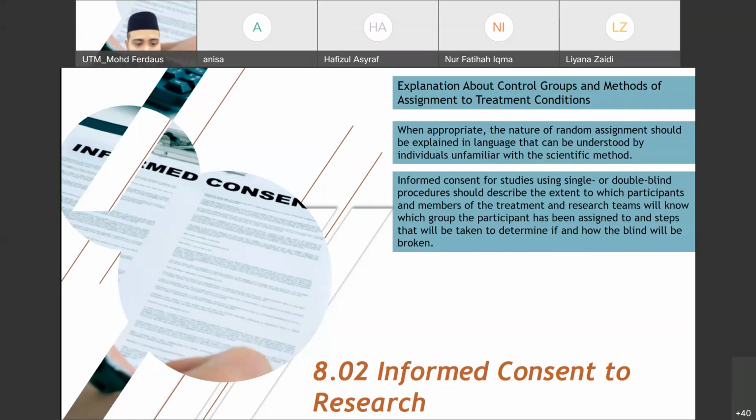We might give them candy, or something that looks like Panadol but has no drug or ingredient in it. Why do we give a placebo? So that we can compare the effectiveness of the new medication, whether it can really reduce stress or not. That's why we give them a placebo.